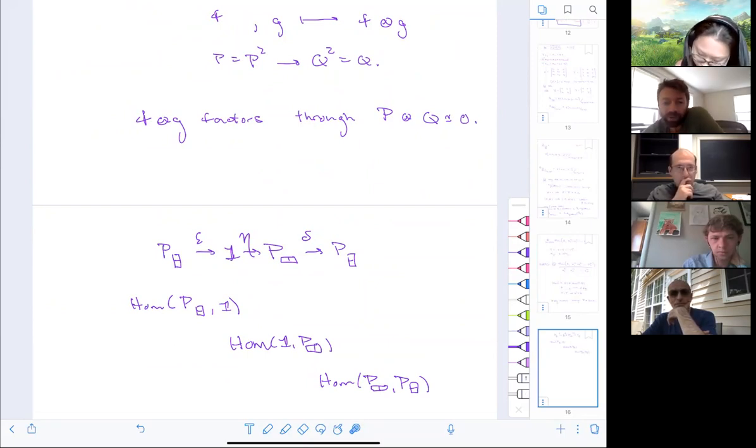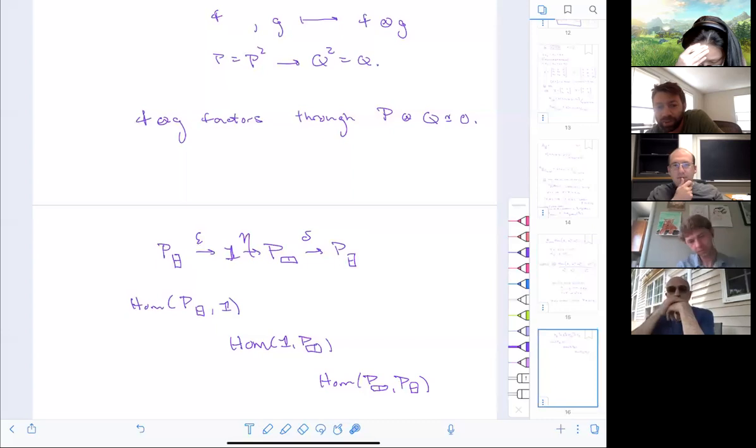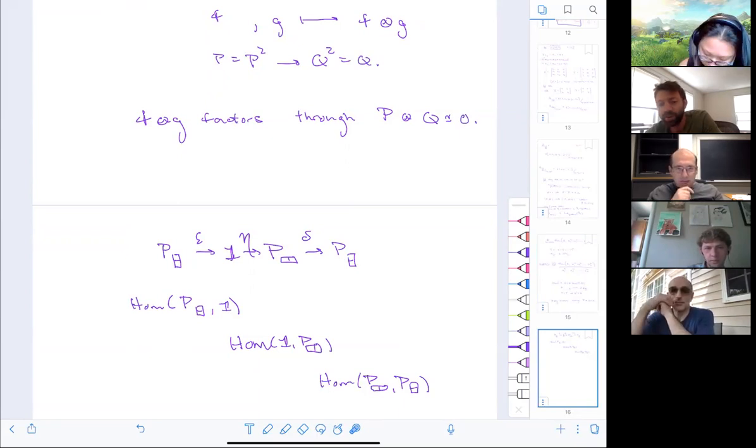This is the reason I'm skeptical that, if you start computing Homs between projectors, the algebra structure here is very special. I'm sorry, what is delta squared? Delta squared is delta.